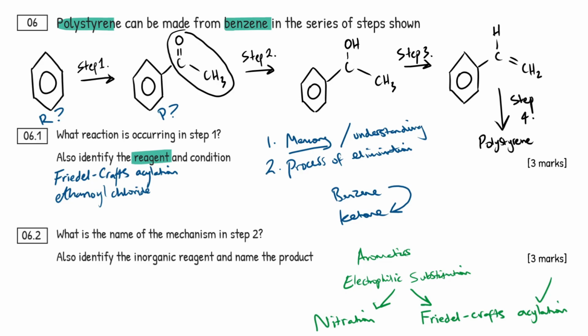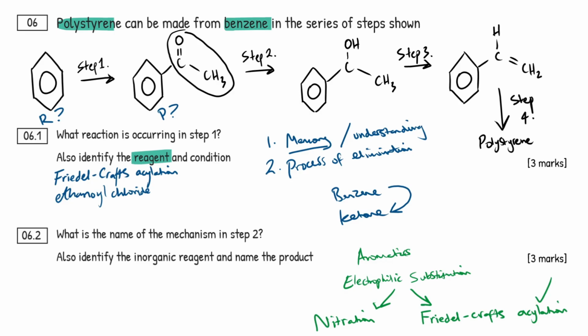Now, something I saw in the mark scheme, and I'm just not a fan of the way that AQA set this out. I would personally have done the reagent as ethanoyl chloride in the presence of aluminium chloride catalyst. You have to have both as the reagents, but they've actually included the catalyst as the condition, which I suppose is okay.